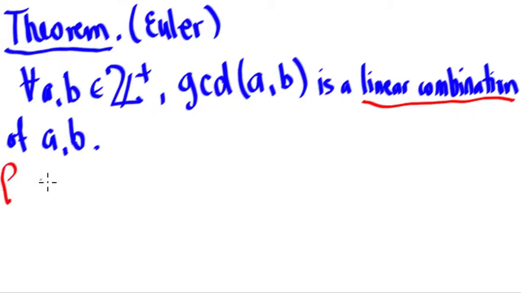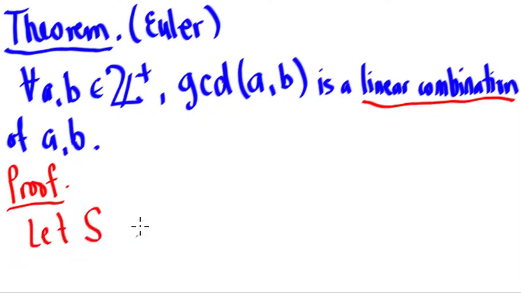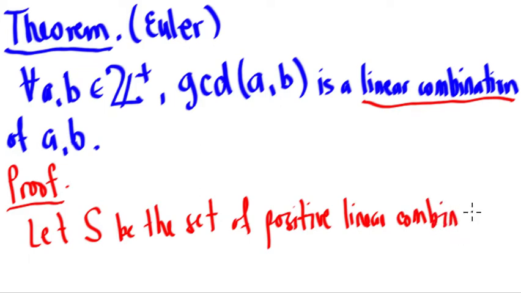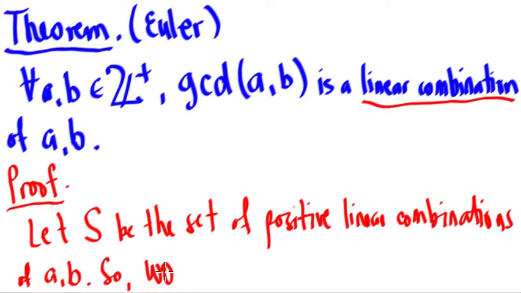So let's put a proof. First off, we let the set S be the set of positive linear combinations of A and B. Or rather, that is not yet here, I'm too excited.